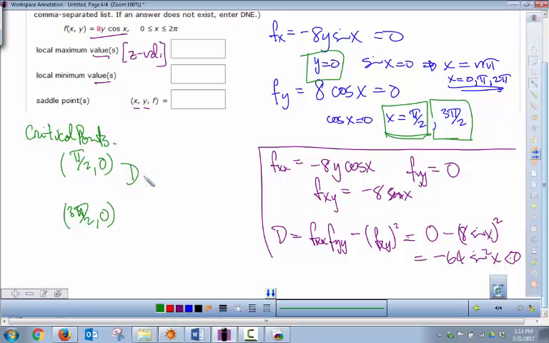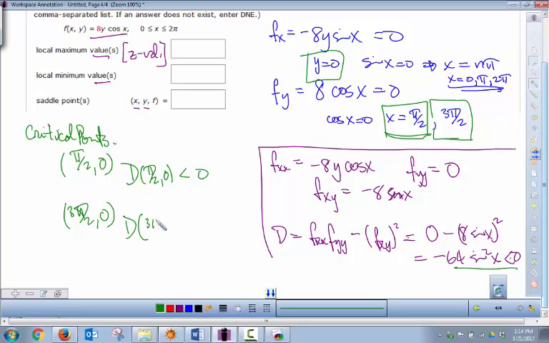Right. So D of pi over 2, comma 0, our task is to put in x is equal to pi over 2 and y is equal to 0 into D. Yeah, if the origin was a critical point, but it's not, so we don't need to worry about that.